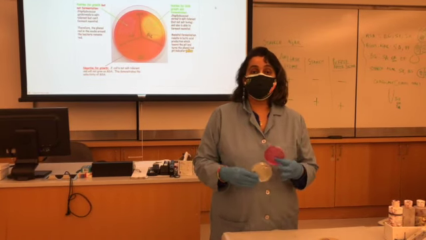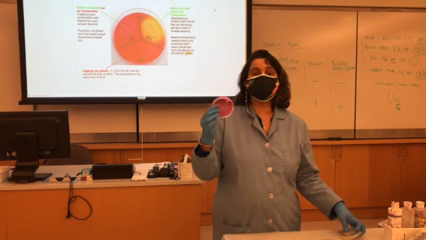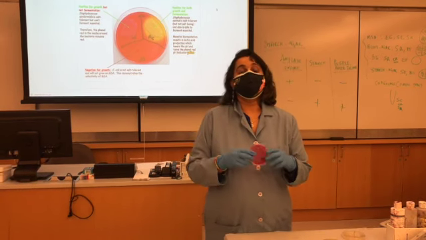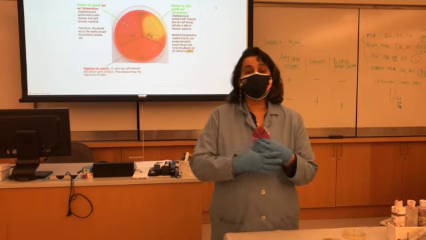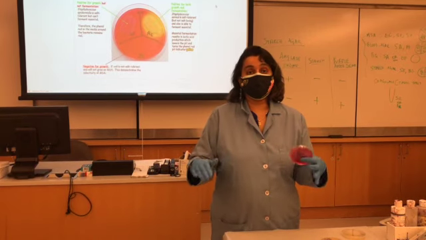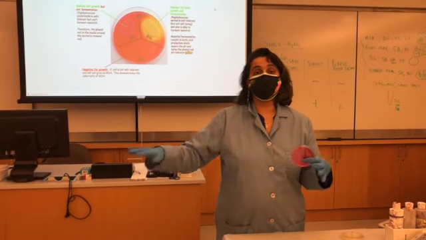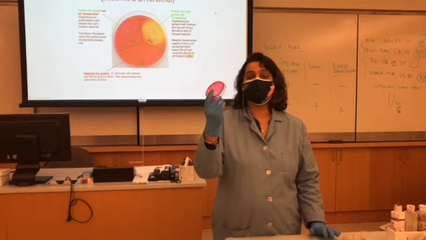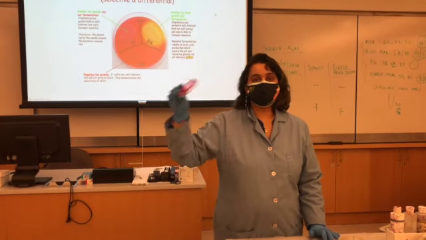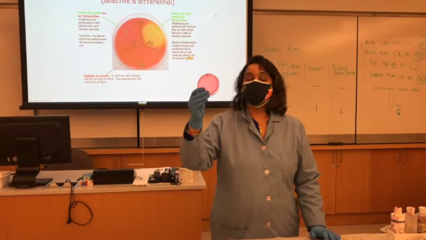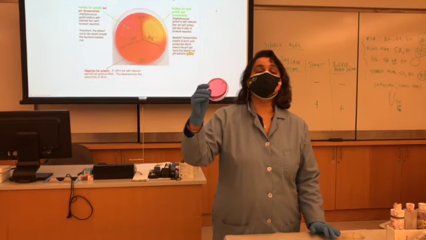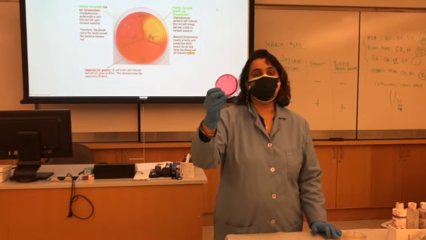So that high salt would inhibit the growth of many microbes, but your skin microbes won't be inhibited, while all the other microbes would be inhibited when you are trying to grow them on an MSA plate. So salt becomes the selective part, and then you have mannitol sugar. That is the differential part of this media.